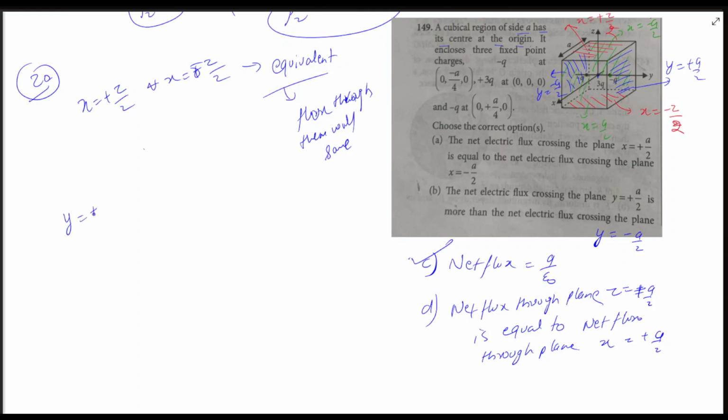Similarly, y equals plus a by 2 and y equals minus a by 2, again they are equivalent, so the flux through them will be the same. It may be different from the other planes, so I say this has flux phi 1, and this has flux phi 2.